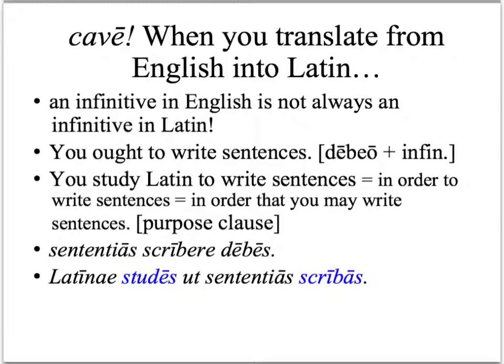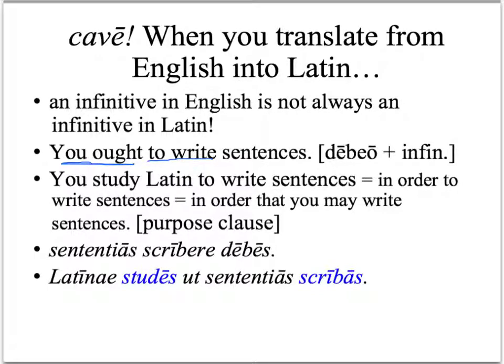But really, really watch out, because when you translate from English into Latin, an infinitive is not always an infinitive. So for example, "you ought to write sentences" sounds like debeo plus an infinitive, because that's how I say ought.